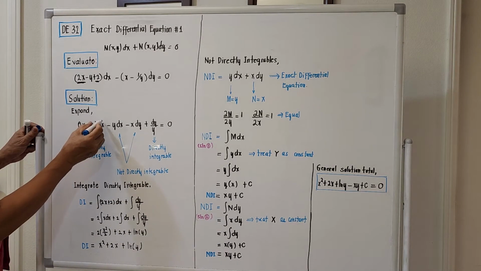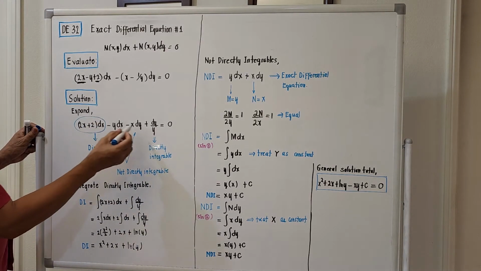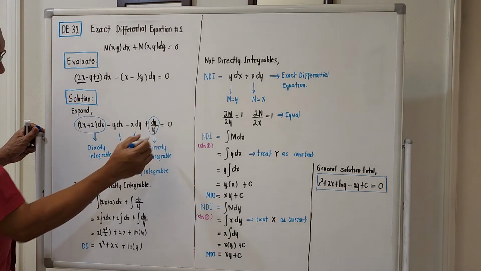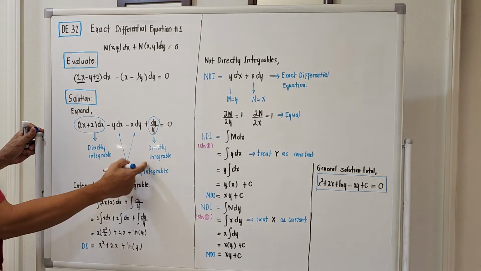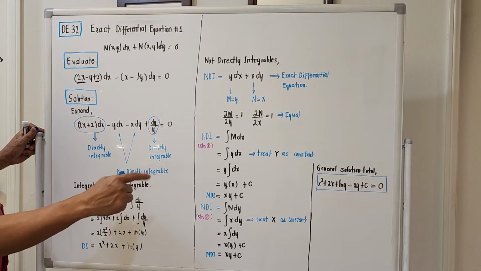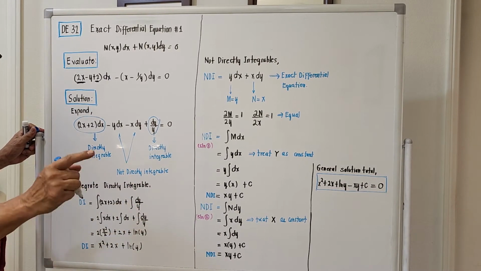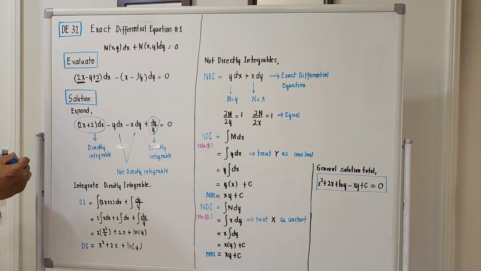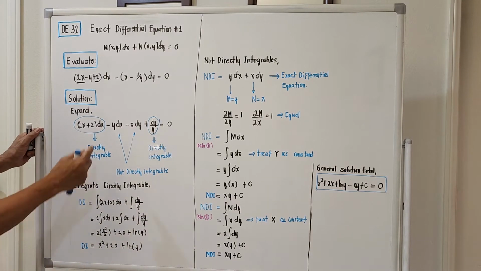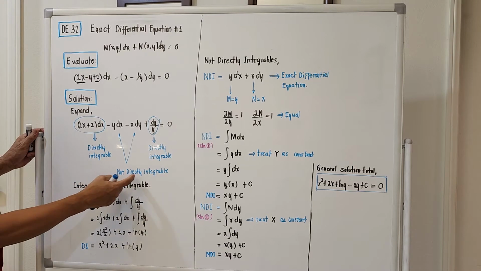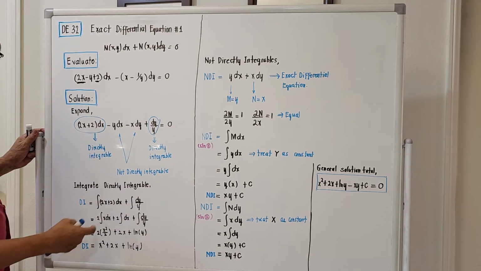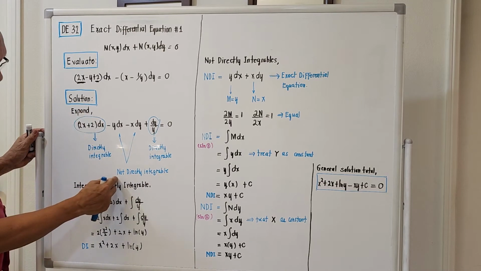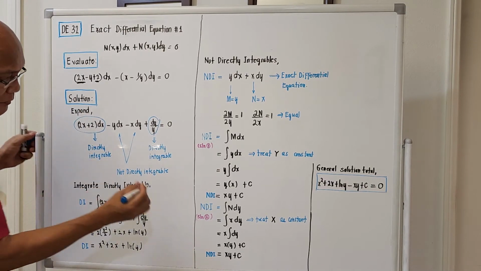So this portion here, plus this portion, I termed it as DI, those directly integrables. Those are easily integrable, and they are a part of the solution. Our only problem now is the resulting not directly integrables, these two here: minus y dx minus x dy. I term it as not directly integrable, or just simply NDI.